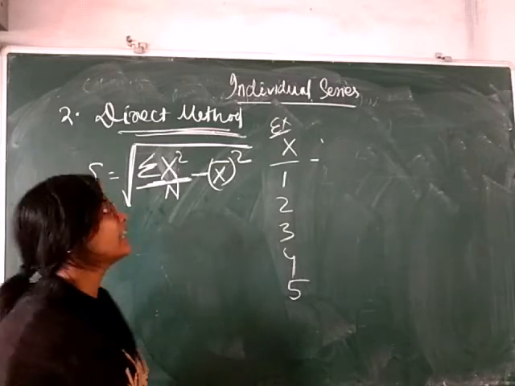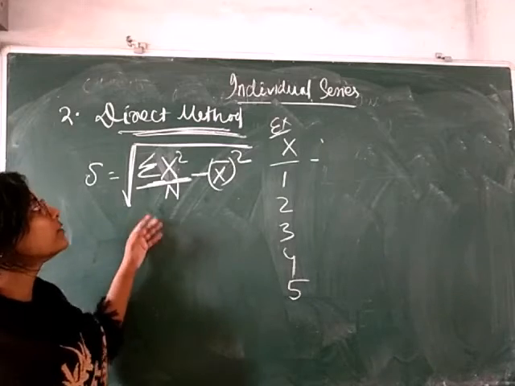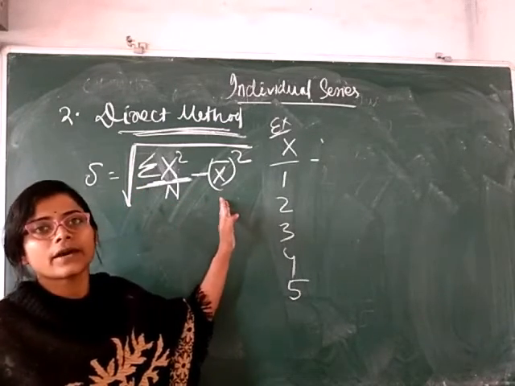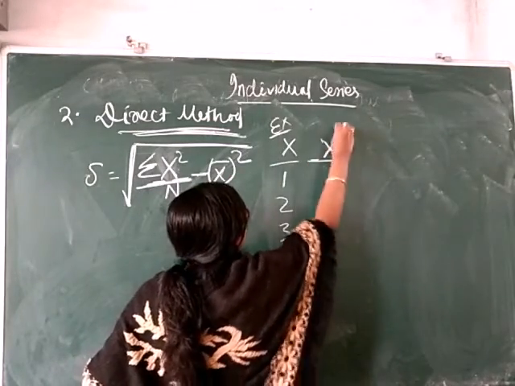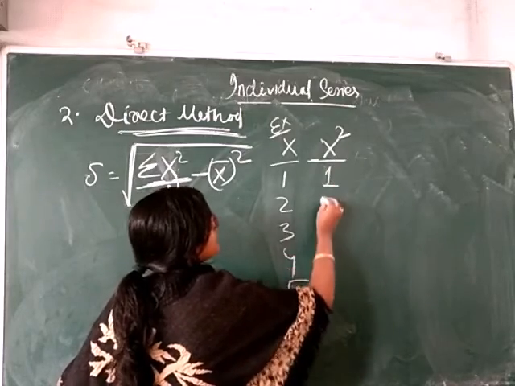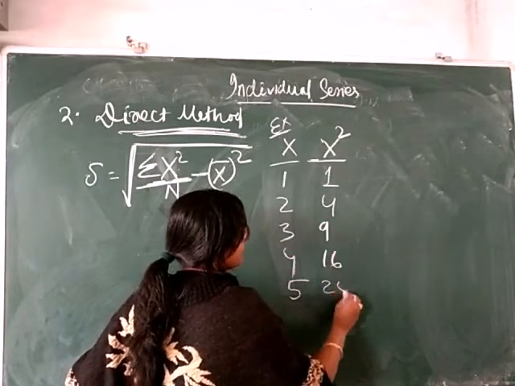Now we calculate standard deviation under direct method. So here the formula is square root of summation of x square by n minus whole square of mean. Here is the example. First we calculate the x square. So x square will be, first is 1, then 4, then 9, then 16 and then 25.